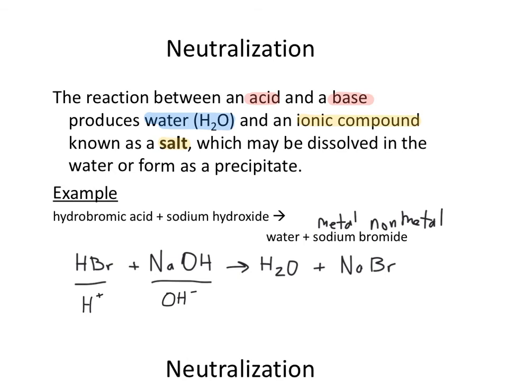Check out our last lesson to review that. And then we always get a water and some sort of salt or ionic compound. So always an acid plus a base is equal to a water and a salt. So it neutralizes it. We're left with water and salt. No more acid, no more base. Well, as long as the ratios are correct.